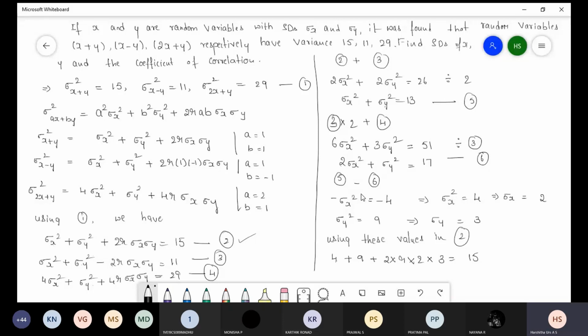So here 2 2s are 4, 4 3s are 12, r is equal to 15 minus 13 is 2. That implies r is equal to 2 by 12, that is equal to 1 by 6, which is 0.1666. Approximation we can write 0.17.